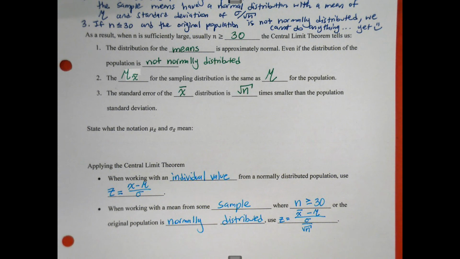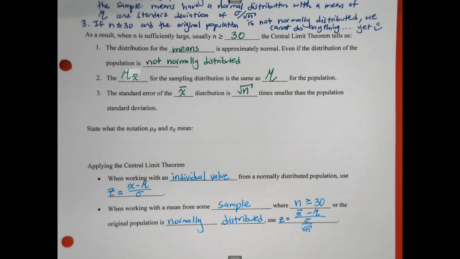This section is not changing all that much. The only thing that's really changing is our z-score or z-value is now going to have that standard error built into it. And when you read a problem, it is going to say the sample of a certain size, but everything else is going to essentially remain the same.